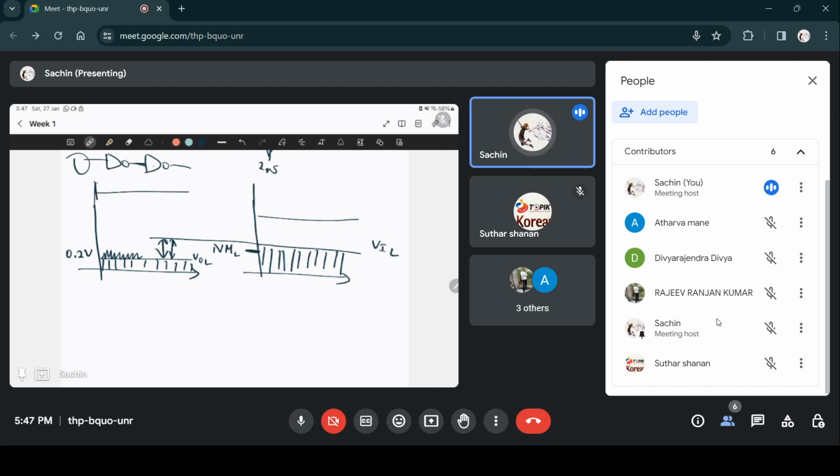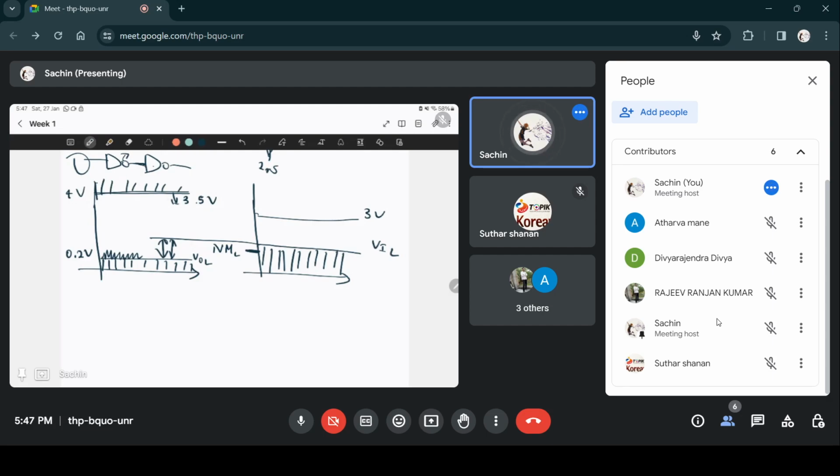So at this output of the first gate, let's say anything above 4 volts is high. That's what the first guy thinks. So he gives you 4 volts, and some middleman, some channel will add noise to it and make it go to 3.5 volts, let's say. So this can't be controlled by the first inverter. It gave you 5 volts. According to it, the job is done. But you're actually getting 3.5 volts at the input of the second inverter. But luckily, this second inverter, let's say it considers anything above 3 volts as high.